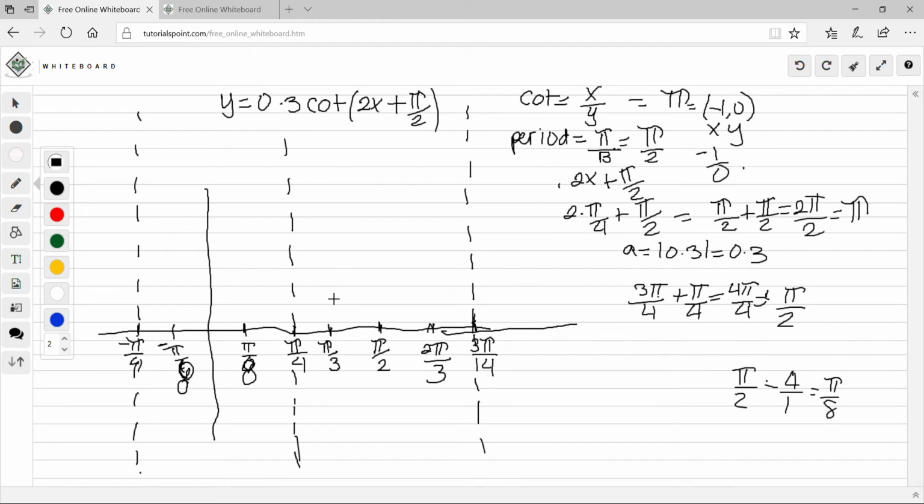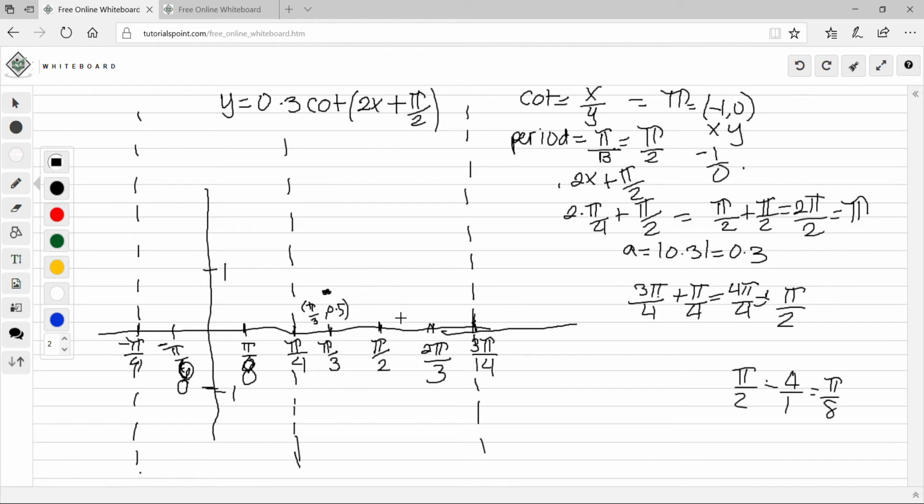Okay, so now let's plug in coordinates. When you plug in pi thirds into the function y equals 0.3 cotangent, you get 0.5. So here's our y value. Here's 1, here's negative 1. So we said that 0.5 is right here. So this point is pi thirds, comma 0.5.